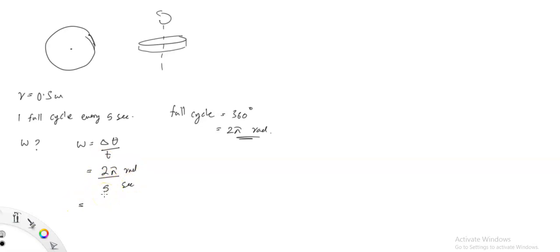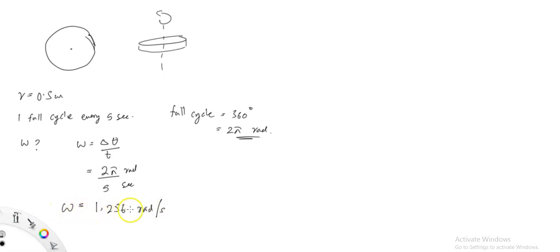So use the calculator. You can either type in 2 times 3.14, or if the calculator has the pi sign, you can use that. So 2 times pi divided by 5 gives you 1.256 radians per second.